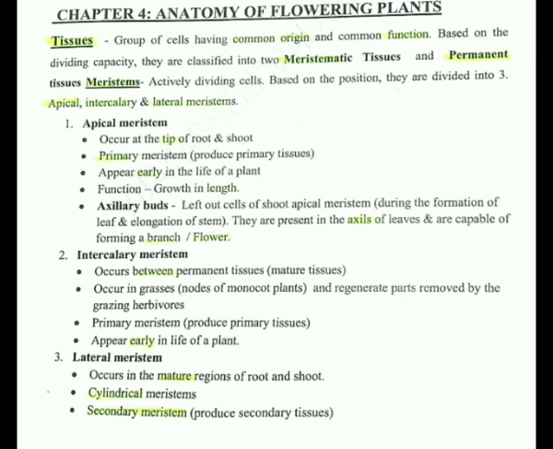Meristematic tissues are actively dividing cells, and permanent tissues are non-dividing tissues. Okay, these meristematic tissues can be classified into three on the basis of their location.